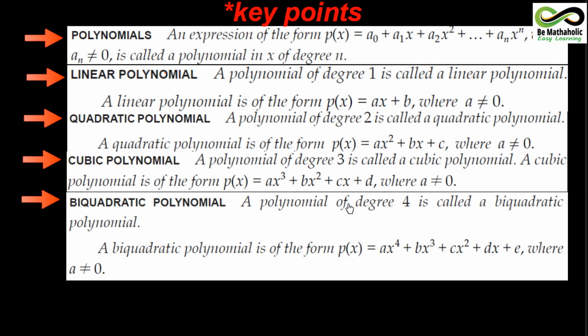Then we have the biquadratic. Quadratic is 2, bi means also 2, so we have an expression of 4th power, where the degree is 4, that's why it is called a biquadratic polynomial.